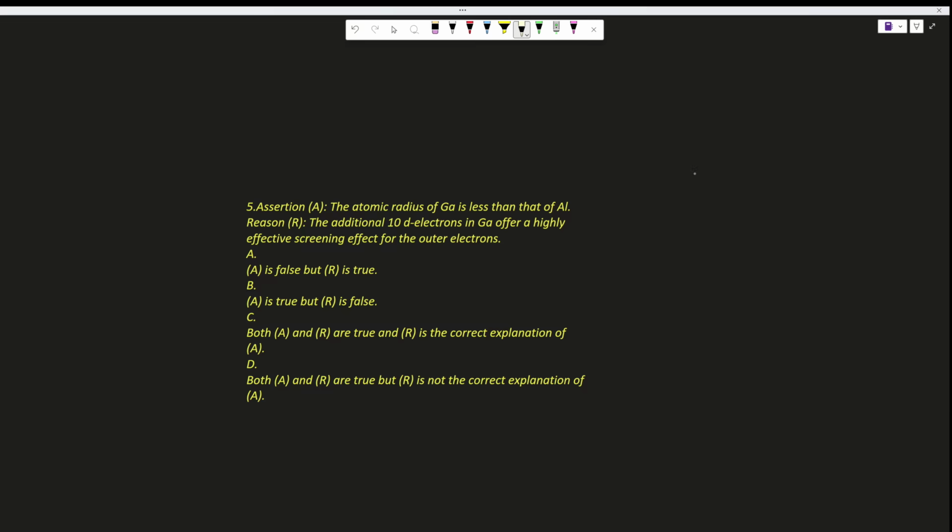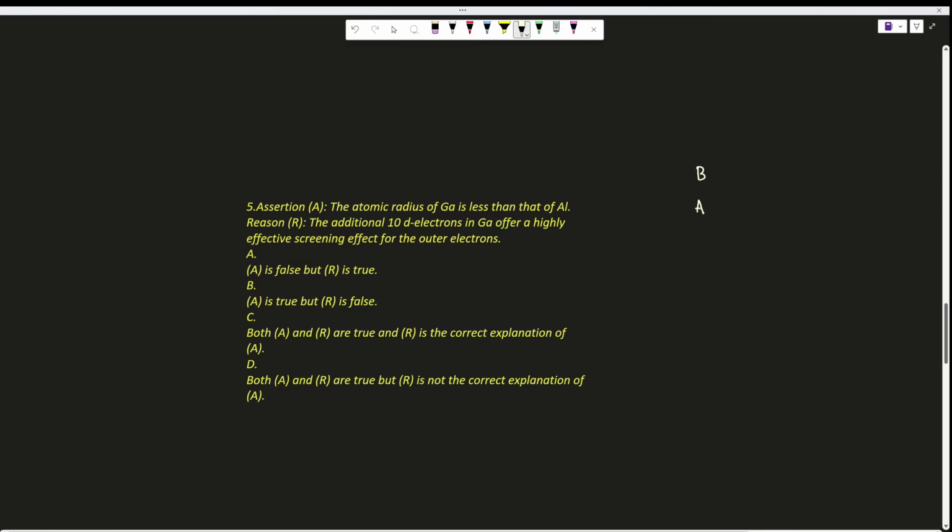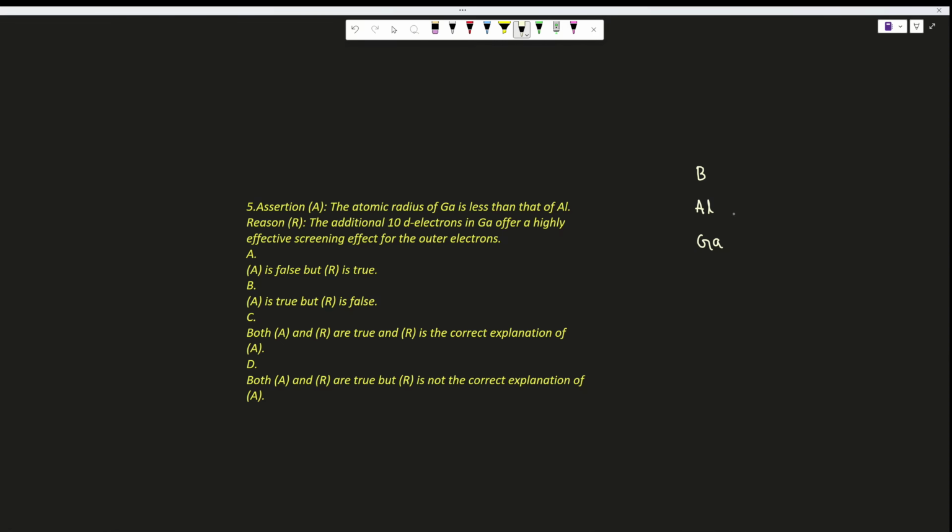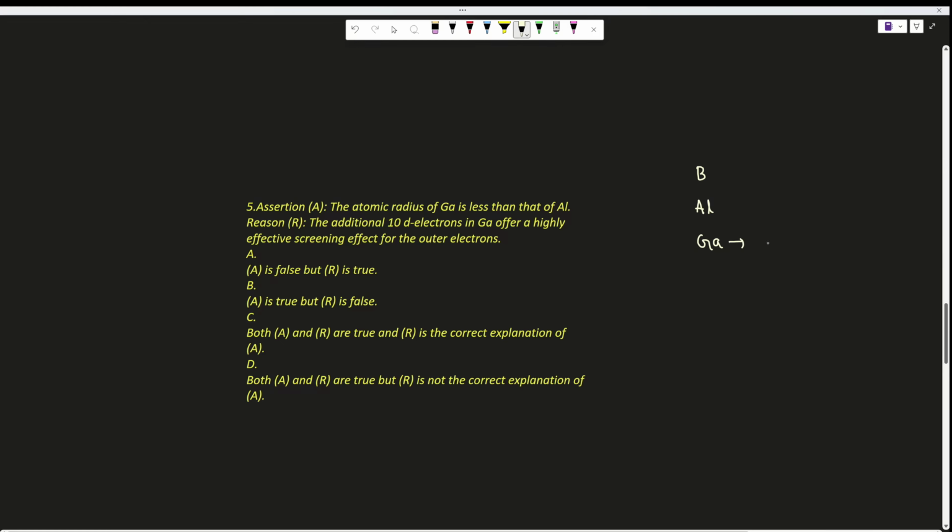See, going down the group from boron, aluminium, gallium, the radius has to increase, right? But what happens? Here you have d electrons, which are poor shielders. They have a poor shielding effect.